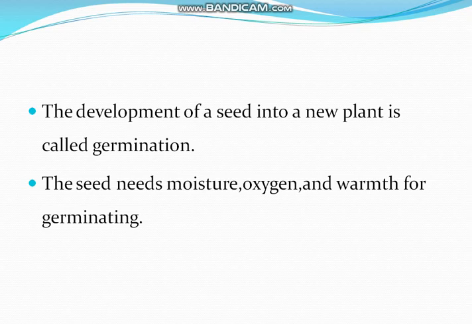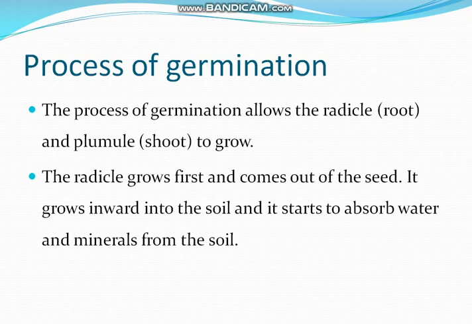They remain inactive for some time and start growing only when the conditions are favorable. That means if the conditions are favorable, the seed grows into a new plant, that is called seed germination. Then what is the process of germination?